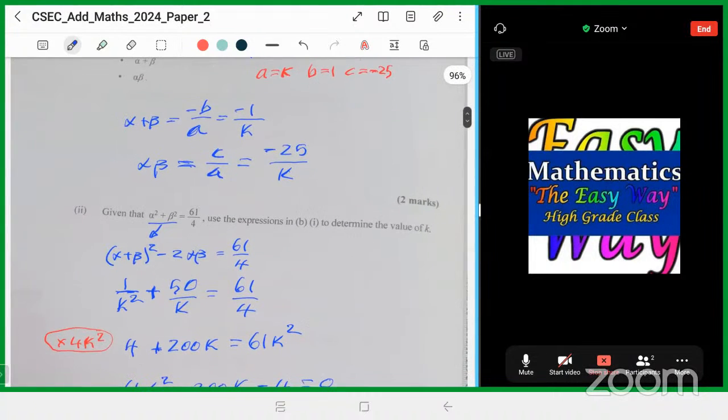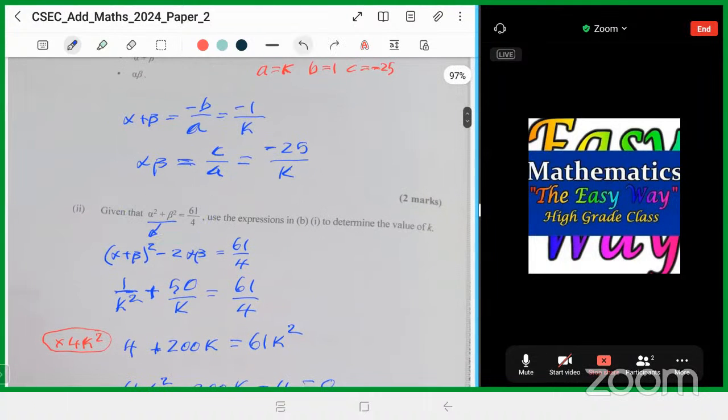And then this equation tells us this side becomes alpha plus beta squared minus 2 alpha beta. That was squaring this expression here, the alpha plus beta, 1 over k squared. Then I'm multiplying a negative 2 times this, so I get a positive 50 over k. And that is all equal to 61 over 4.